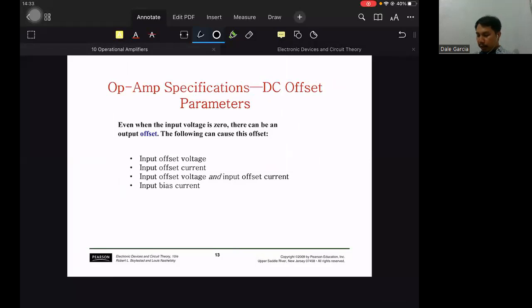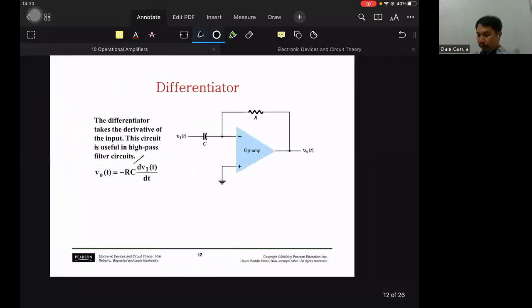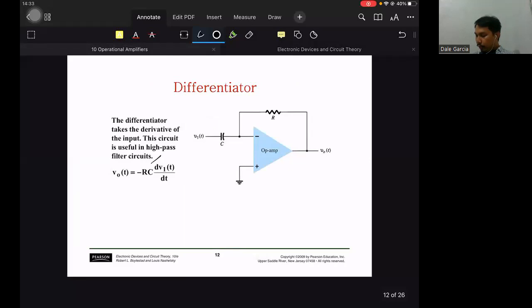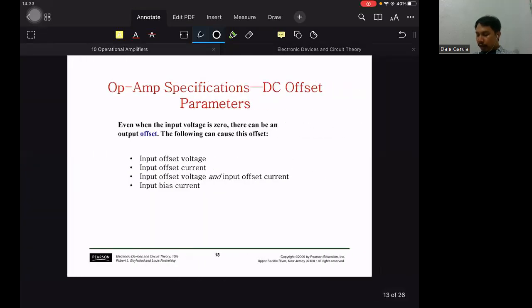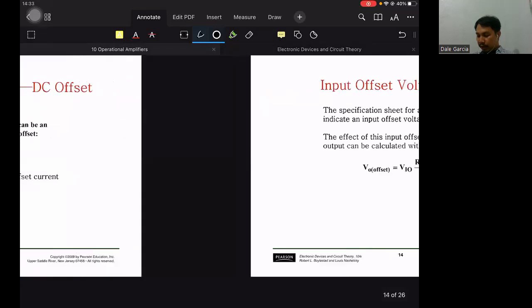So we'll end here with regard to the different practical op-amp circuits. We'll deal with specific parameters later.